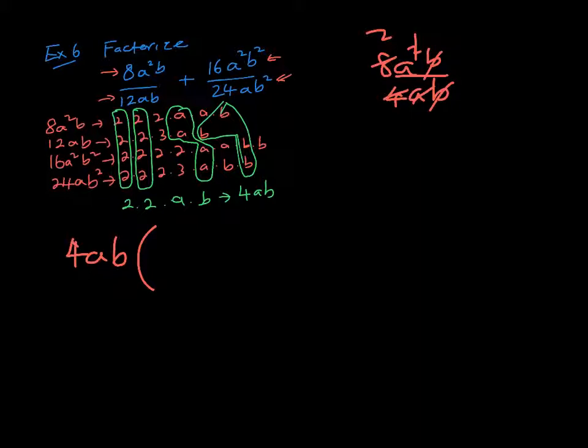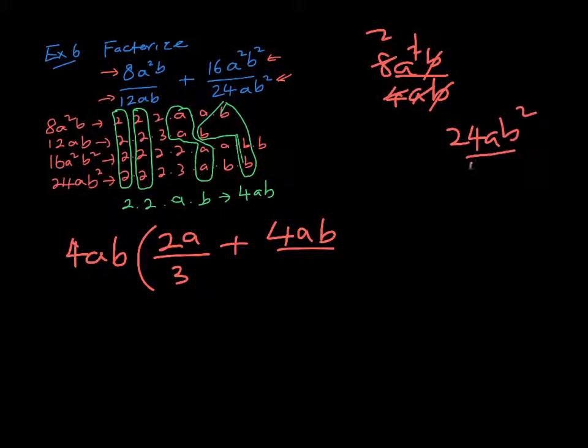So what we have is 2a. 12ab divided by 4ab leaves us with 3, okay, plus 16a²b² divided by 4ab, that gives us 4ab, okay, and then 24ab² divided by 4ab.